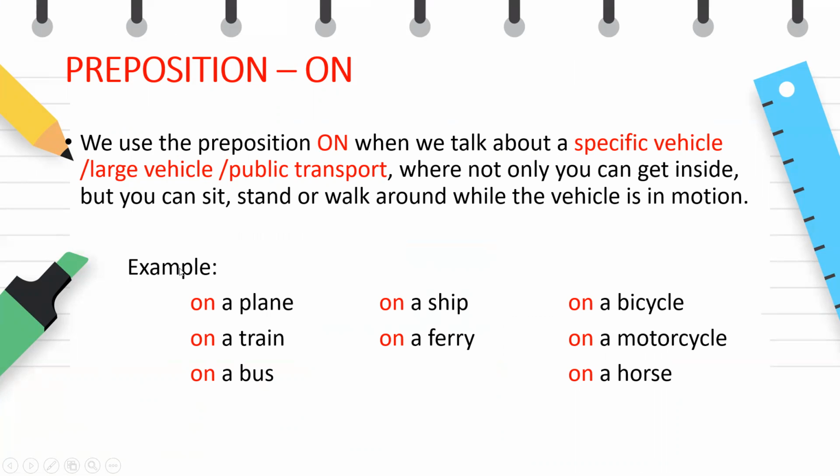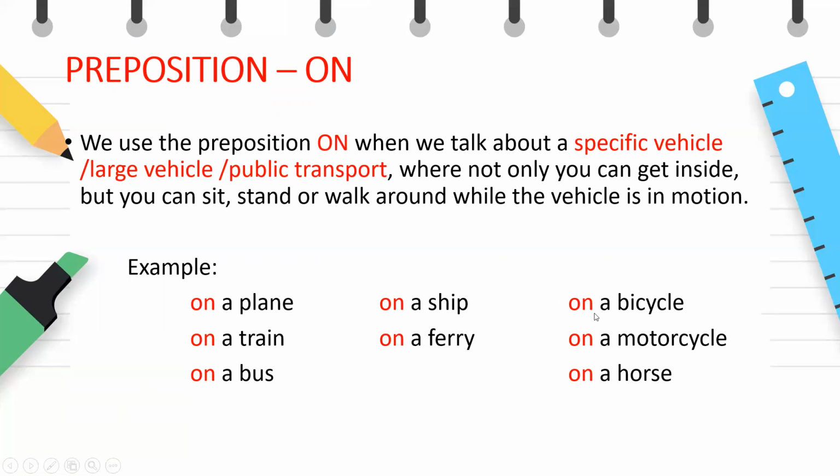For example, you can say on a plane, on a train, on a bus, on a ship, on a ferry. So we can see that all these examples are vehicles that are usually large and they represent public transport. So you are together with other people there and you can not just sit in, but you can stand or walk around while the vehicle is in motion.